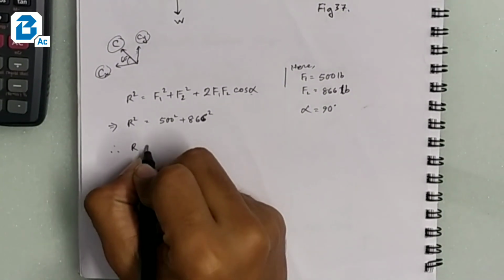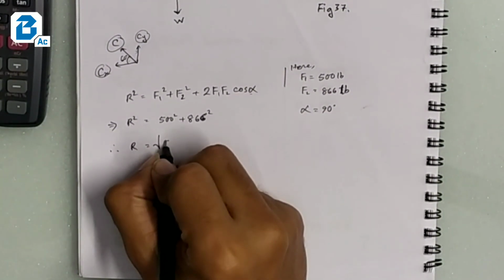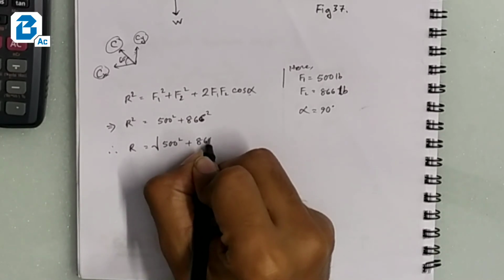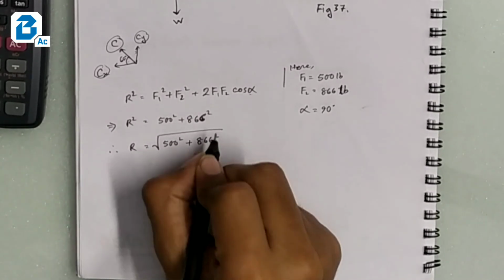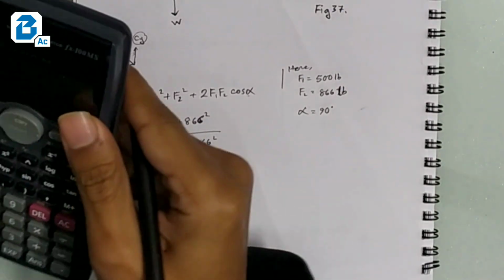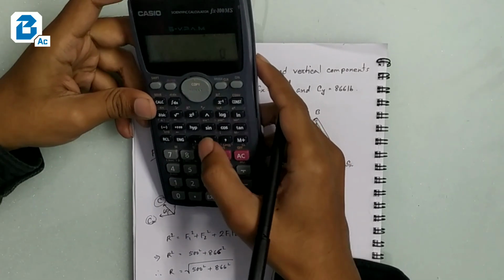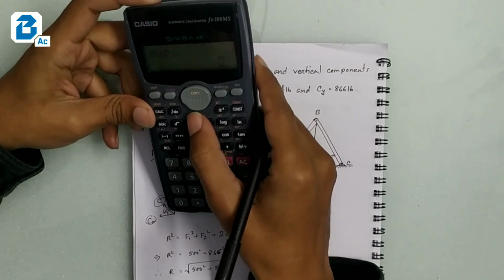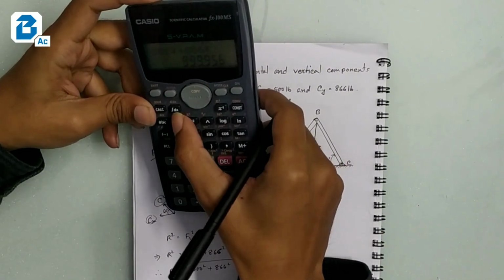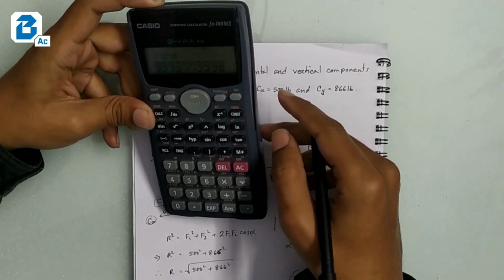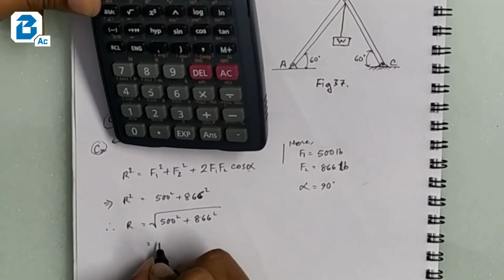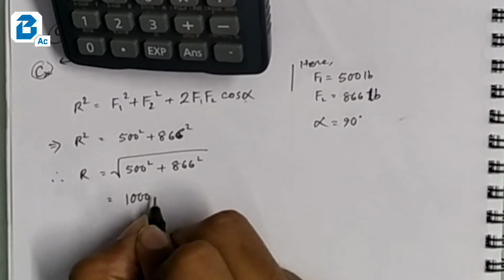Then we can write it down like this: 500 square plus 866 square. Okay, then if we solve it, we get 500 square plus 866 square, and if we square root it, we get roughly 1000 pound.